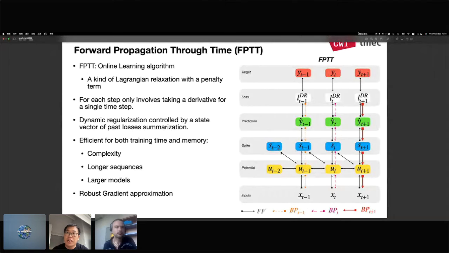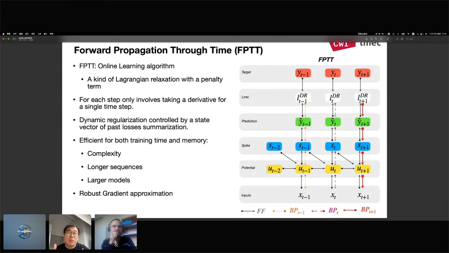So the computational figure is much clearer, and the gradient calculation is more robust. So it's much more friendly for our spiking neural networks, because the surrogate gradient is an approximation of the true gradients.